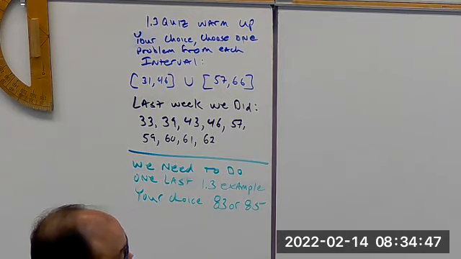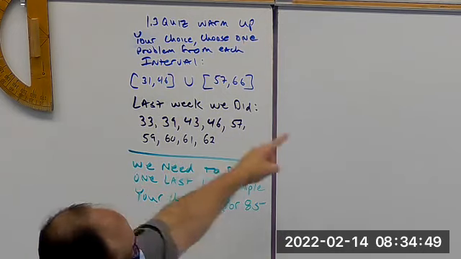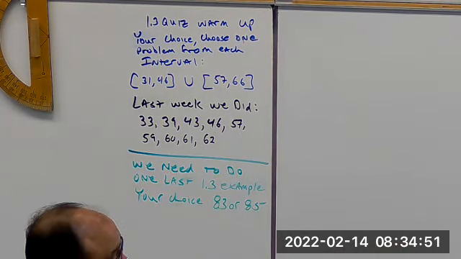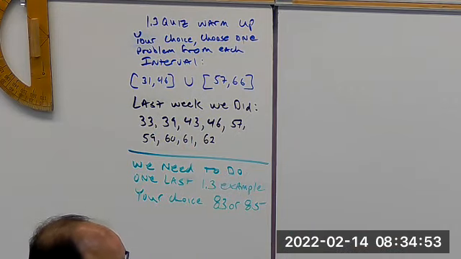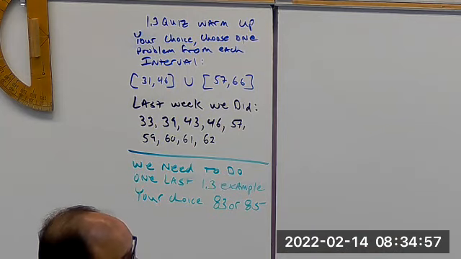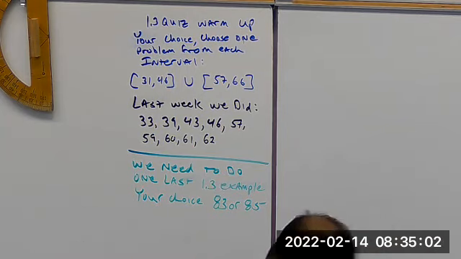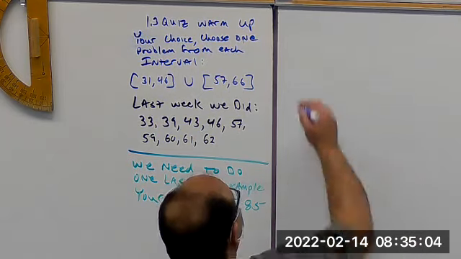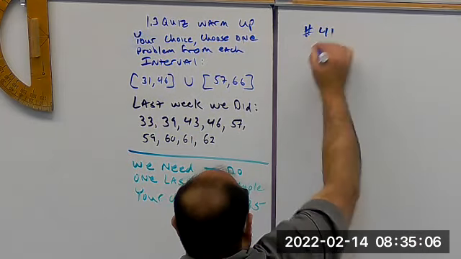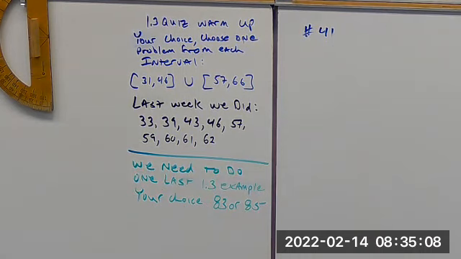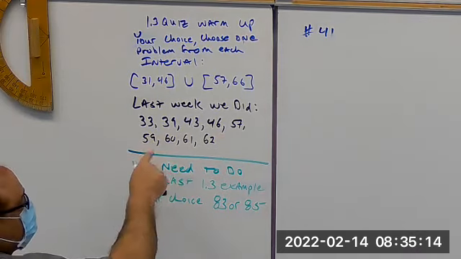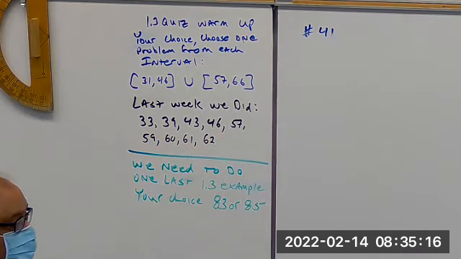So pick one from the closed interval 31 to 46. Forty-one, okay. And pick one from the closed interval 57 to 66. And we already did 57, 59, 60, 61, 62.